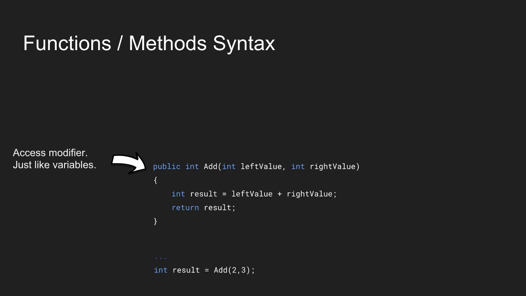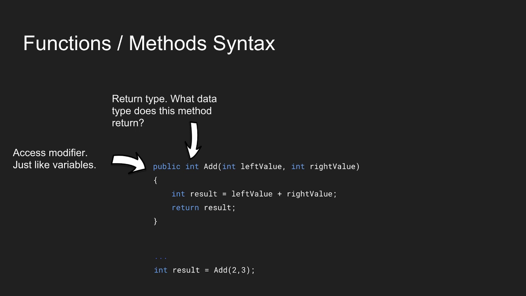So we have public, which is just an access modifier, just like variables. It tells us whether other classes, other pieces of code, can call this function. Then we have the return type, which right here is an integer because we expect it to give us back an integer, not a string or a character.